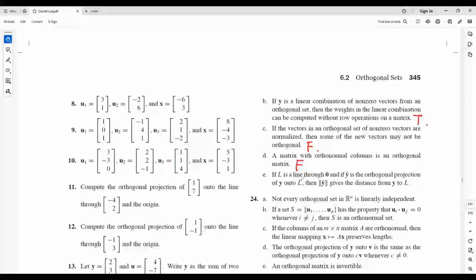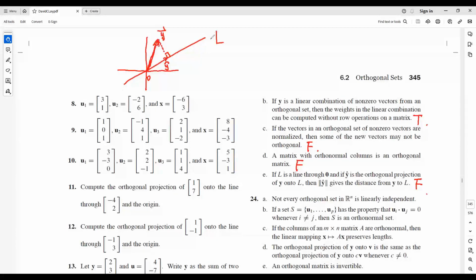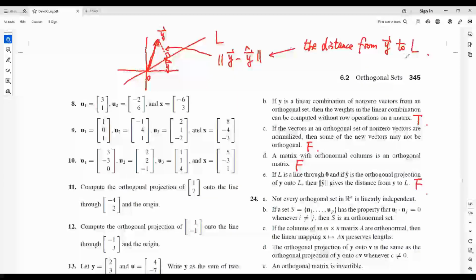E. If L is a line through 0 and if y hat is the orthogonal projection of y onto L, then the length of y hat gives the distance from y to L. Fourth, from this figure, we see the orthogonal projection of y is this one. Then this is the distance from y to the line L, given by the length of y minus y hat.